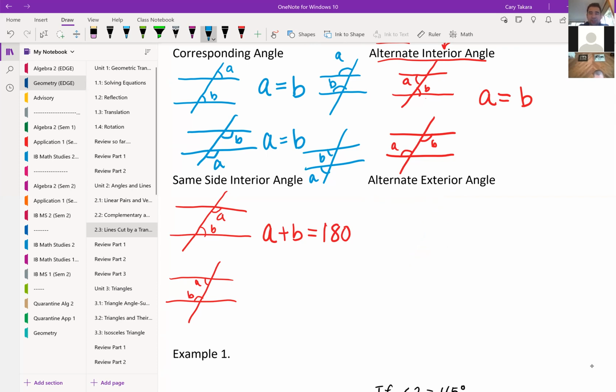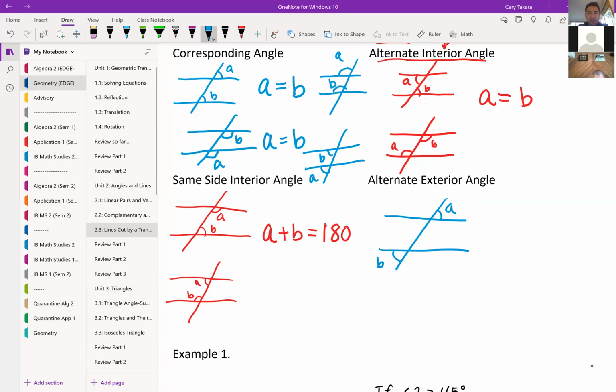Let's do blue again. It is this angle, this angle. So alternate means one is on the right side, one is on the left side, and an exterior angle is an outside angle.